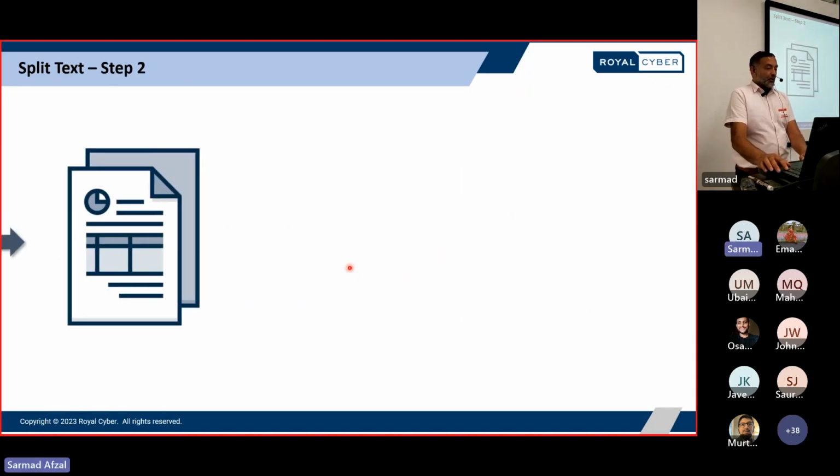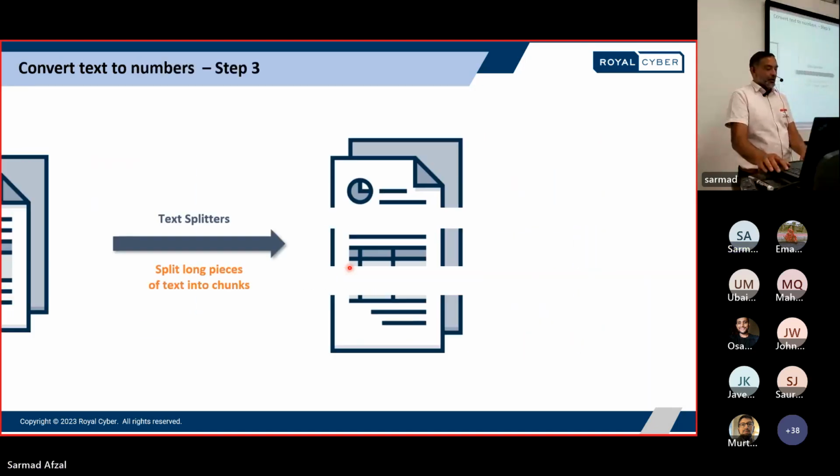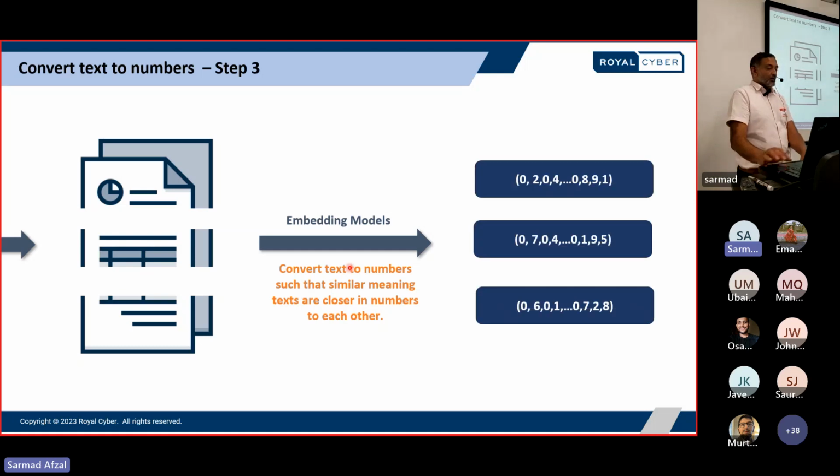Once we have the documents loaded, we will use something called text splitters to split the documents into small chunks. Once we do that, we will use an embedding model, and there are a lot of models available, and we will convert the words to arrays of numbers.